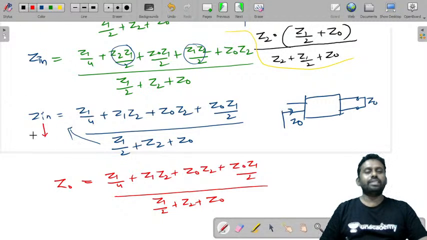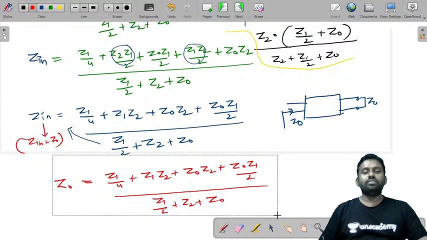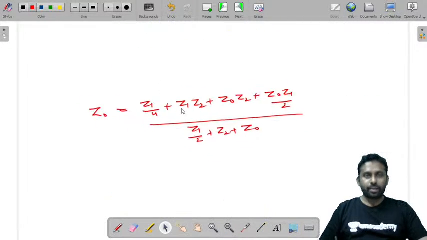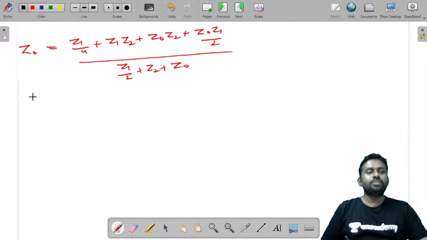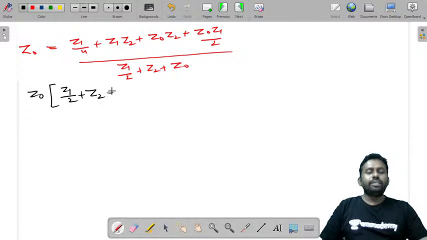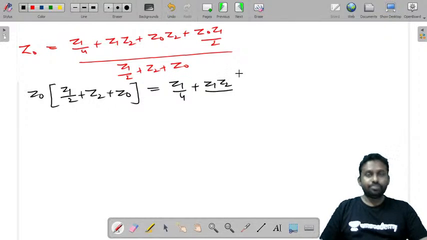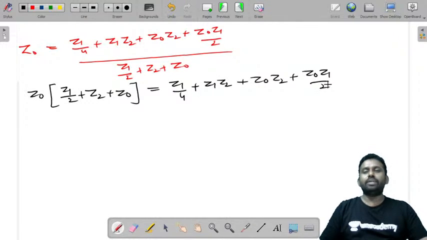Let us consider this Zin is equal to Z naught, and take this to the next slide and try to simplify that. Now what do you get? Just cross multiply. So Z naught into Z1 by 2 plus Z2 plus Z naught is equal to Z1 by 4 plus Z1 Z2 plus Z naught Z2 plus Z naught Z1 by 2.